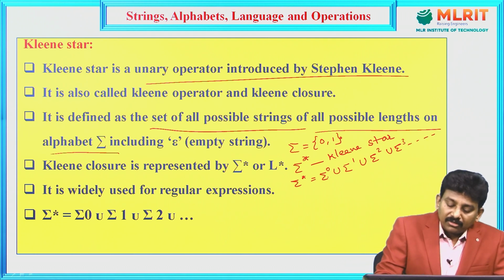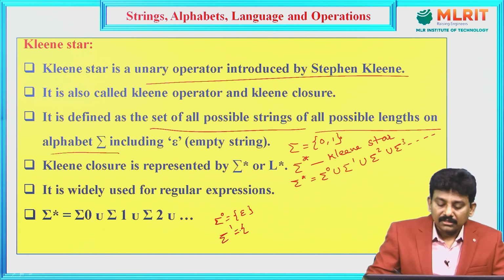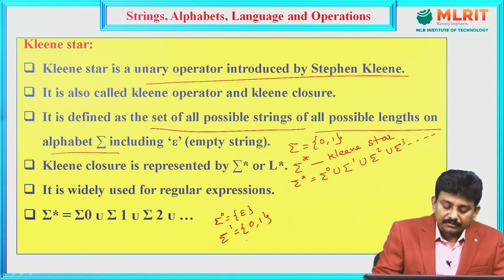Sigma power 0 indicates the set of strings whose length is 0 over the alphabet {0, 1}, which means epsilon. Then sigma power 1, the set of strings whose length is 1, that is 0, 1.